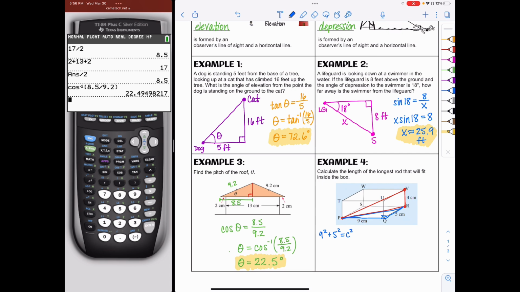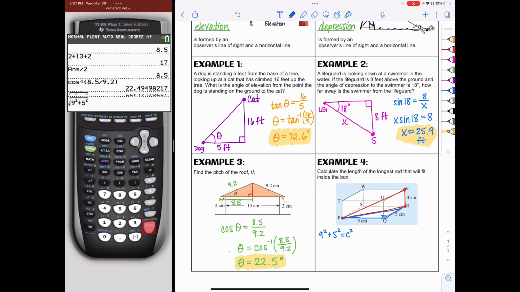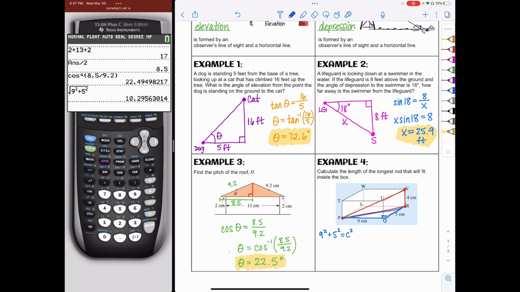If I take the square root of 9 squared plus 5 squared, it's going to give me c. So c is approximately 10.3. I'm going to write that in down here, that this is 10.3.